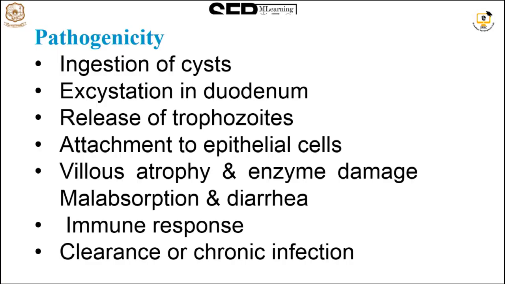This leads to malabsorption of nutrients and results in diarrhea, abdominal discomfort and nutritional deficiency. The host mounts an immune response, producing intestinal immunoglobulin A and recruiting inflammatory cells. Depending on the effectiveness of the immune response, the infection may be cleared or may persist as a chronic infection.